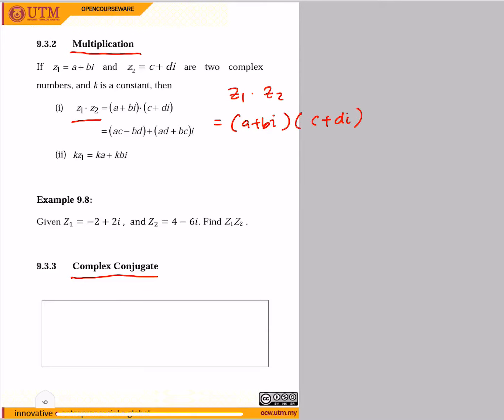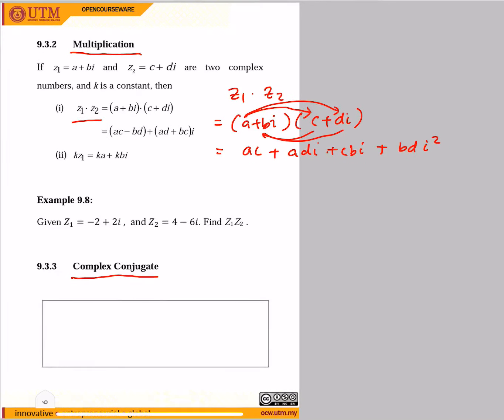Basically, we do a normal expansion. A times C, A times D, B times C times i, and B times D times i squared.